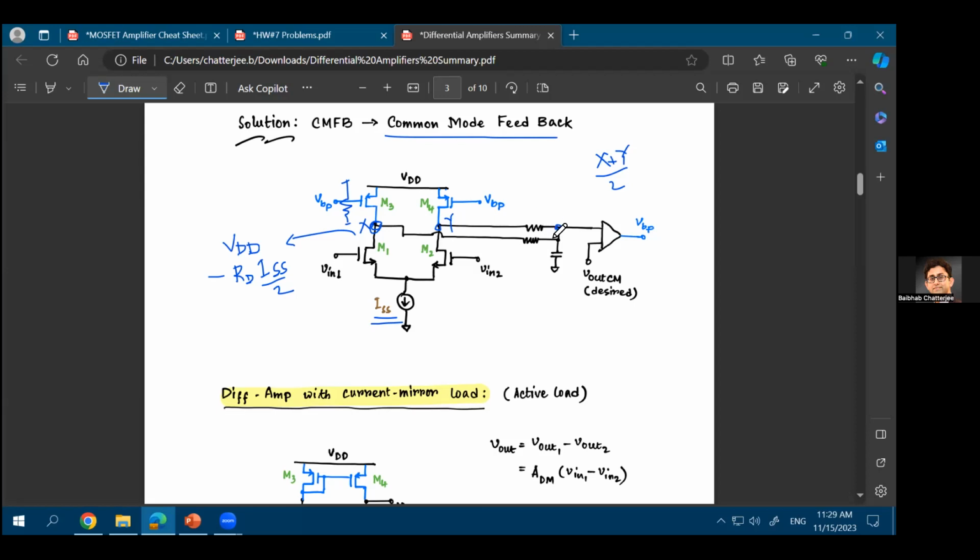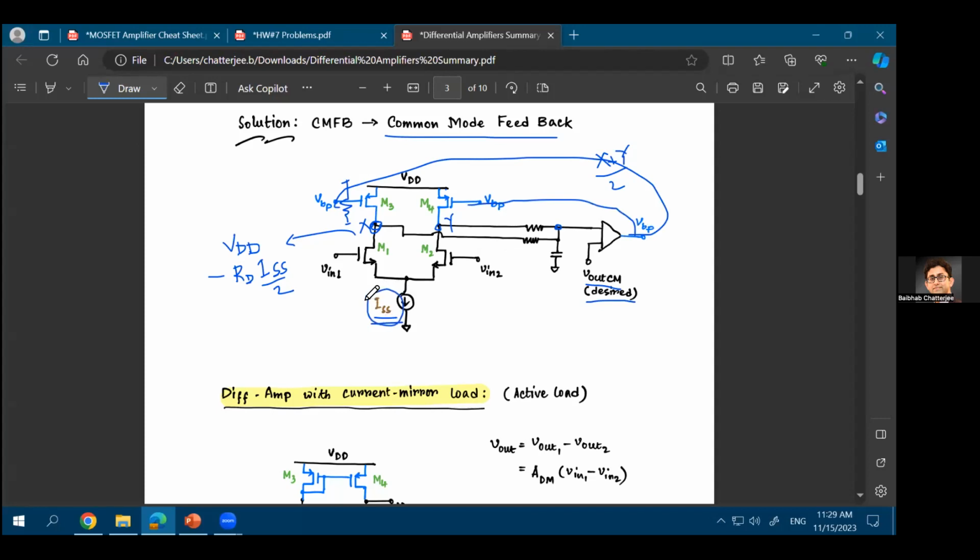And once you do that, you can compare it with a particular desired amount of common mode that you want at the output. The output of this particular op-amp, you can feed back as the input to the gates of the input transistors. In that way, you'll create a feedback which is dependent on the ISS current.